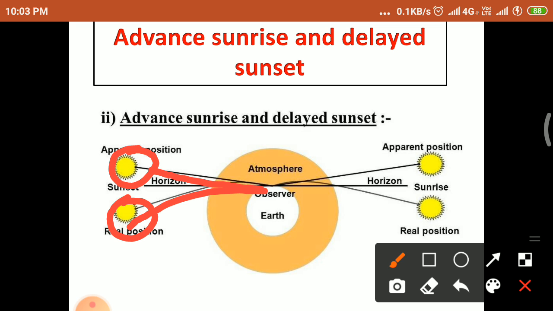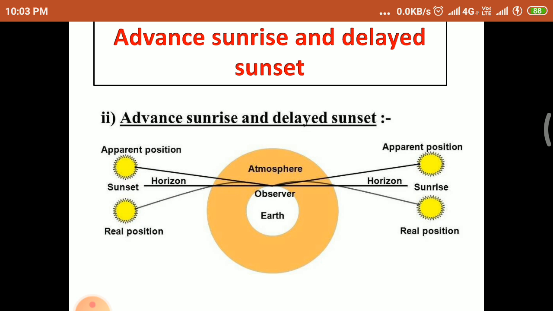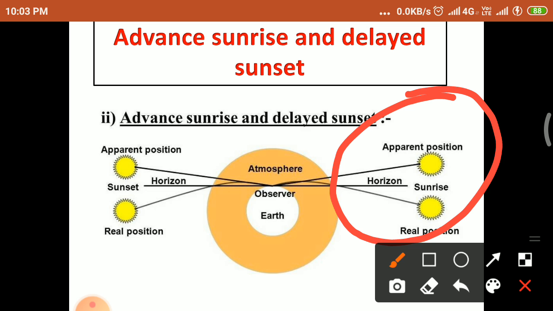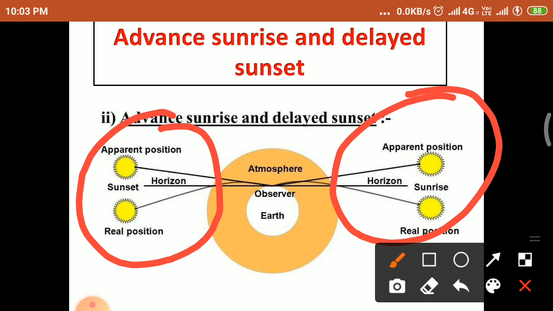Sir, in your book they have given only one position, during the sunrise only, but in the examination they will ask sunset also. So you have to draw both sunrise and also sunset. If they ask the delayed sunset, you have to draw only this part.